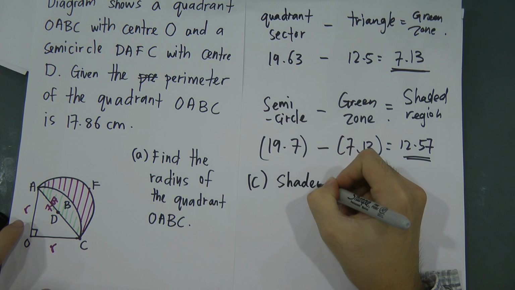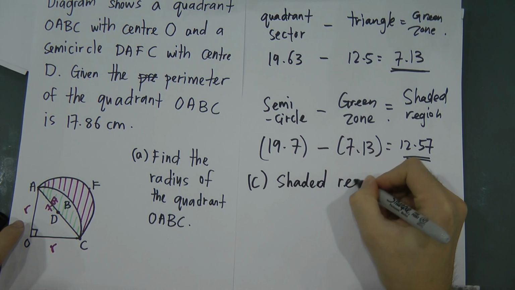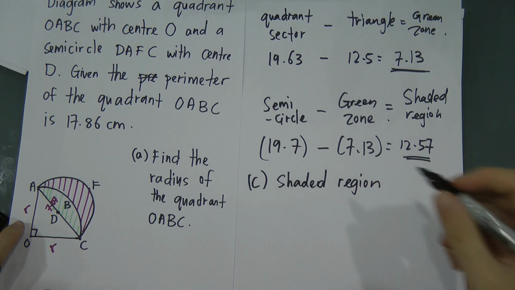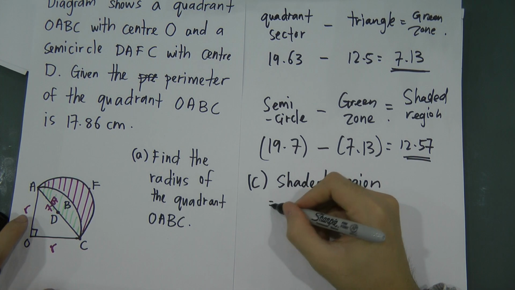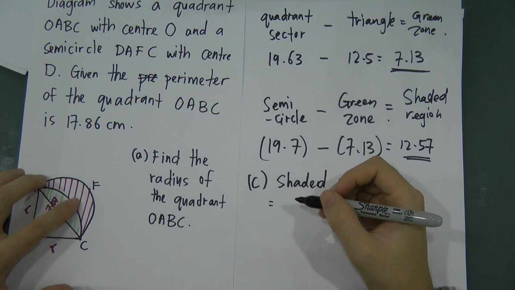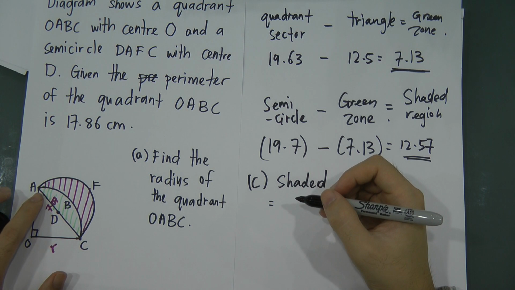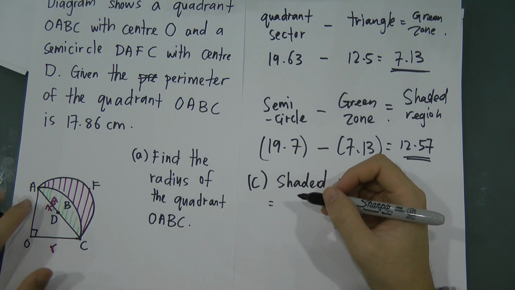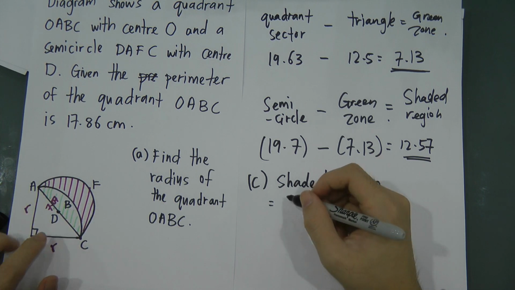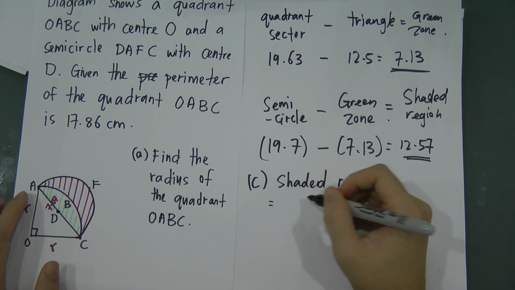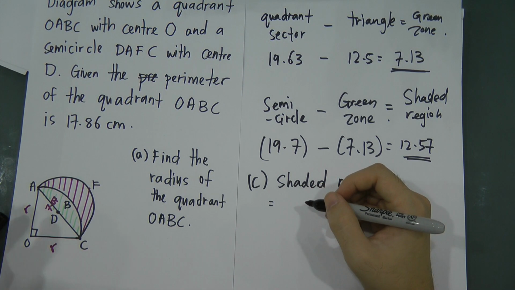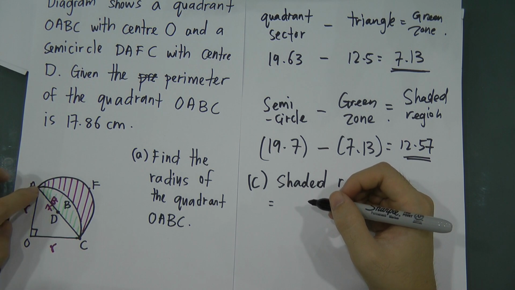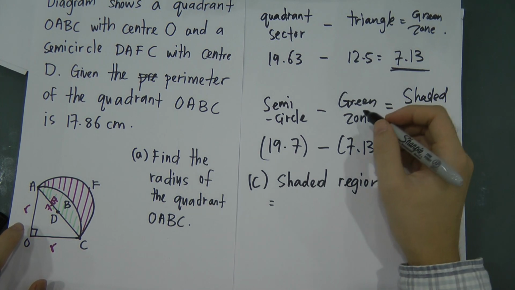Shaded region equals, in order to find the shaded region, we have to use the semicircle. Semicircle minus.